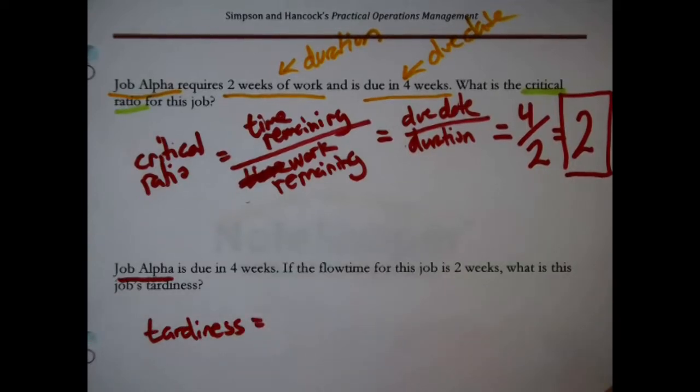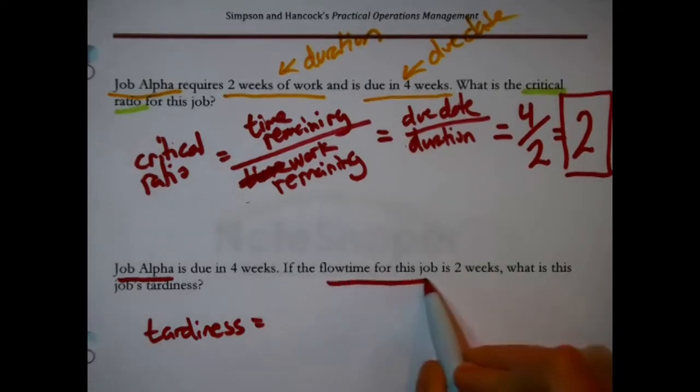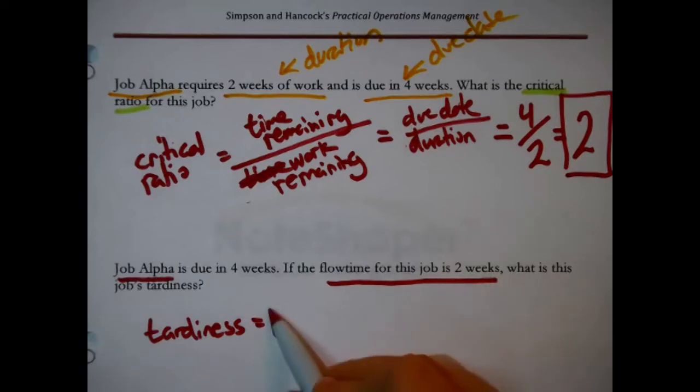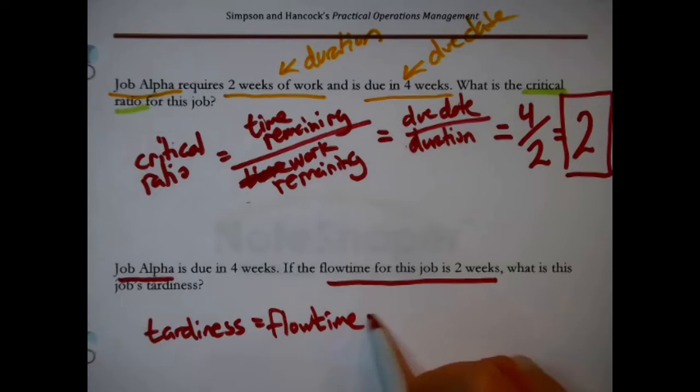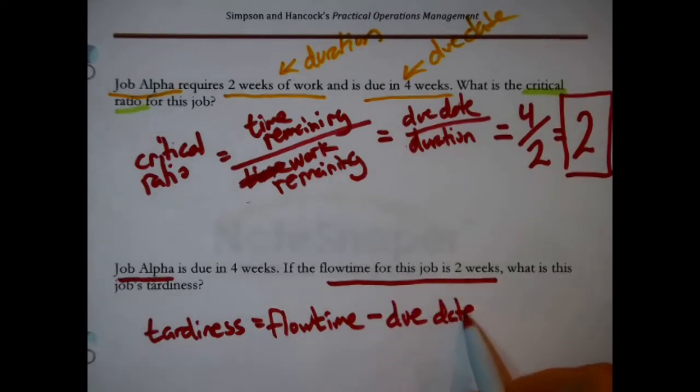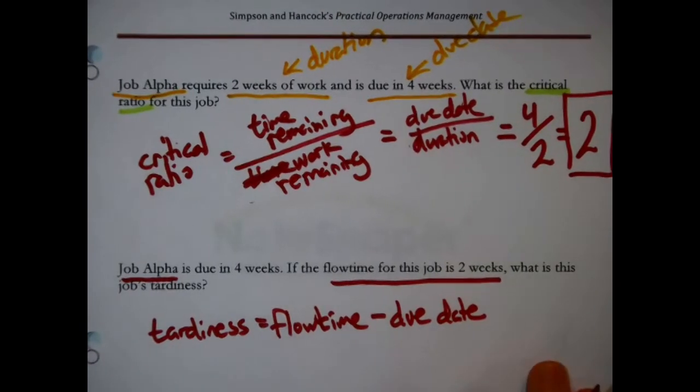Tardiness is easy to calculate if you have flow time, which we were given, because tardiness is the flow time with the due date subtracted from it. So the flow time for this particular job is 2.